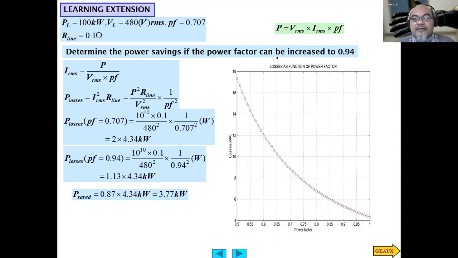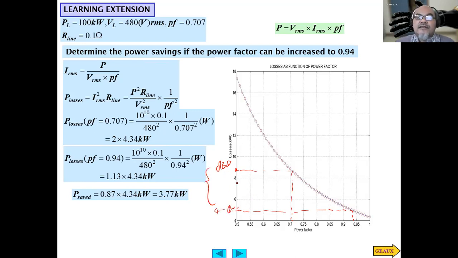So let's draw. When the power factor is 0.707, the value is about here. This is 8.68 kilowatt. When the power factor is 0.94, or around this value, the loss is around 4 point something kilowatt, almost 5.